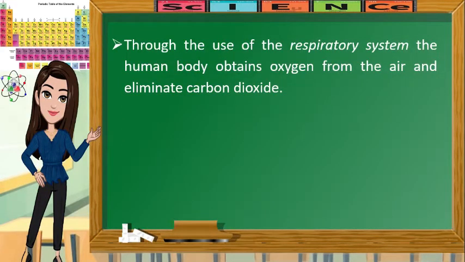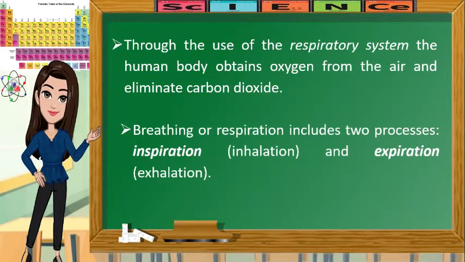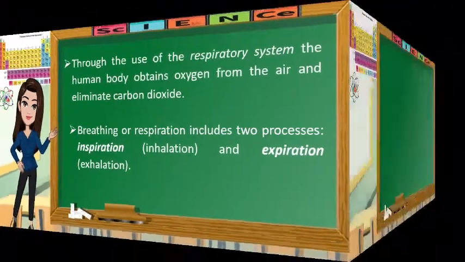Through the use of the respiratory system, the human body obtains oxygen from the air and eliminates carbon dioxide. Breathing or respiration includes two processes. The first one is inspiration or inhalation, and the second is expiration or exhalation.